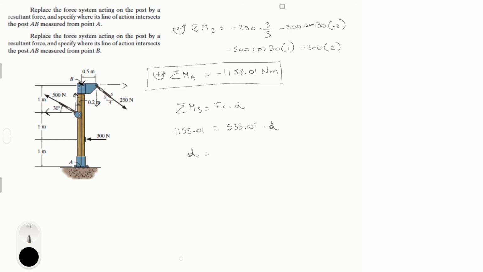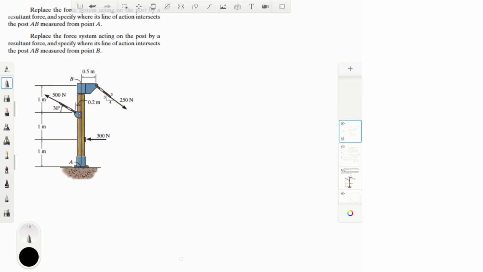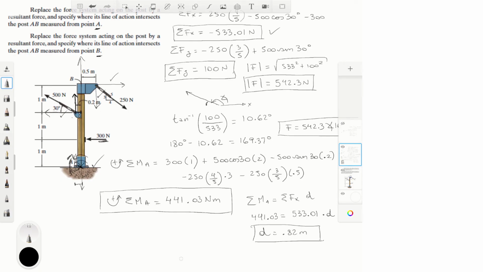D is equal to 2.17 meters. Final answer for the second part. And final answer for the first part.